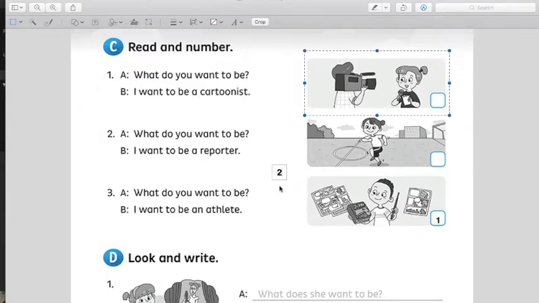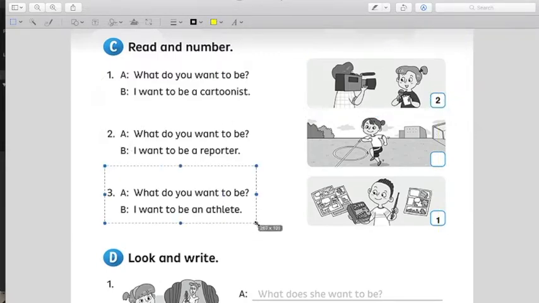So number 2 goes there. And number 3, what do you want to be? I want to be an athlete. So this will be the last one. So that would be number 3. Perfect. Great job. Let's go ahead and move on.